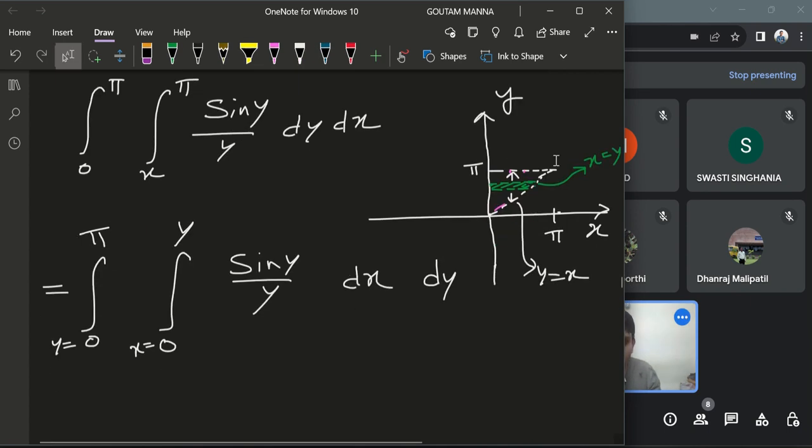In that way I can also cover the whole region.